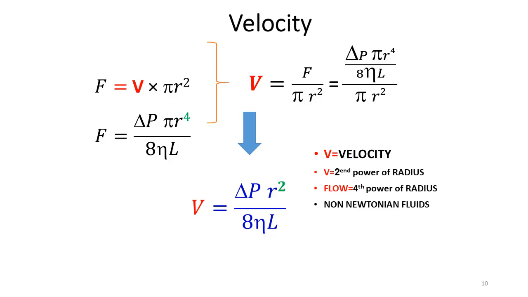You can see that if radius increases or decreases, it has a greater impact on flow than velocity. So this role of radius on velocity helps blood flow to turn into other vessels during blood circulation.